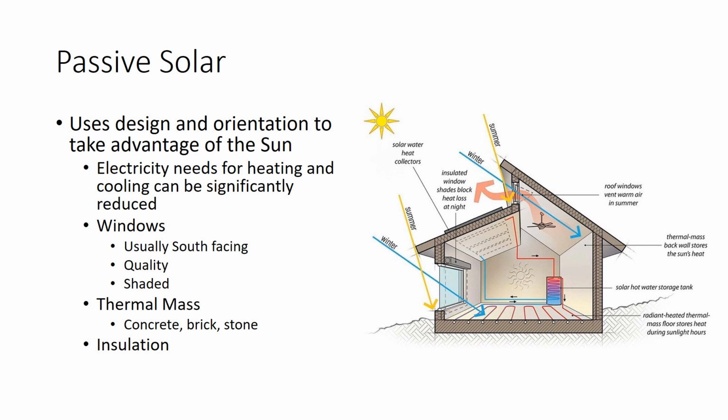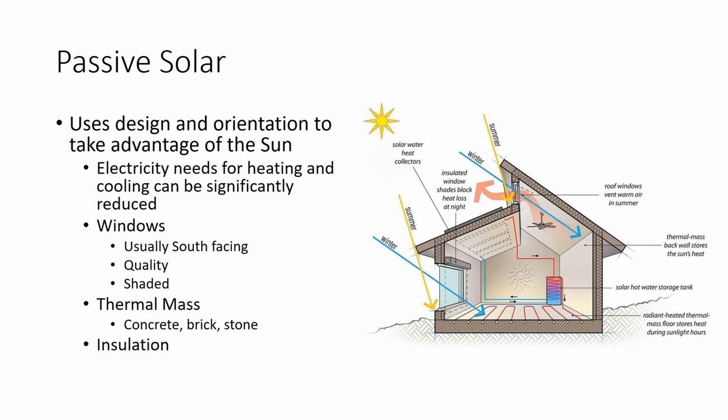So you're reducing the need for heating and cooling. You also, right, the quality of your windows, single pane isn't as insulated as maybe a triple pane with argon in the middle, like super, super fancy, very expensive windows. And then, of course, you can use shades, right, window shades.